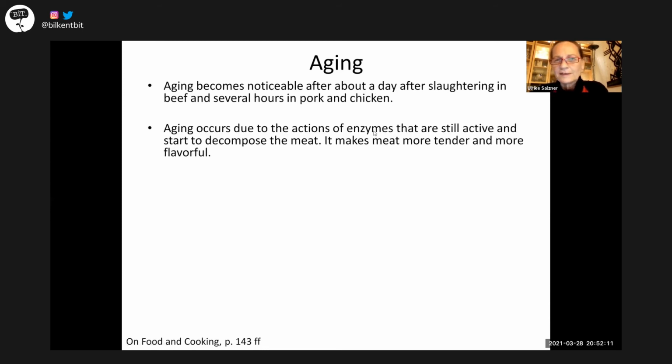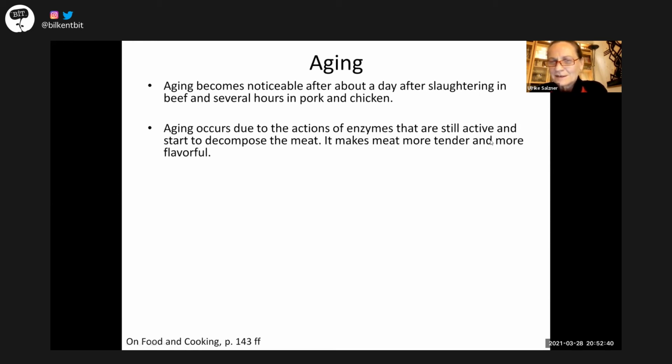Now you have enzymes in this meat, and these enzymes are normally responsible for digesting the food. And they are still active. You kill the animal, but these enzymes are molecules, they continue. And instead of digesting food, they digest this meat. That sounds maybe disgusting, but not at all, because it makes this meat tender and it creates flavors.